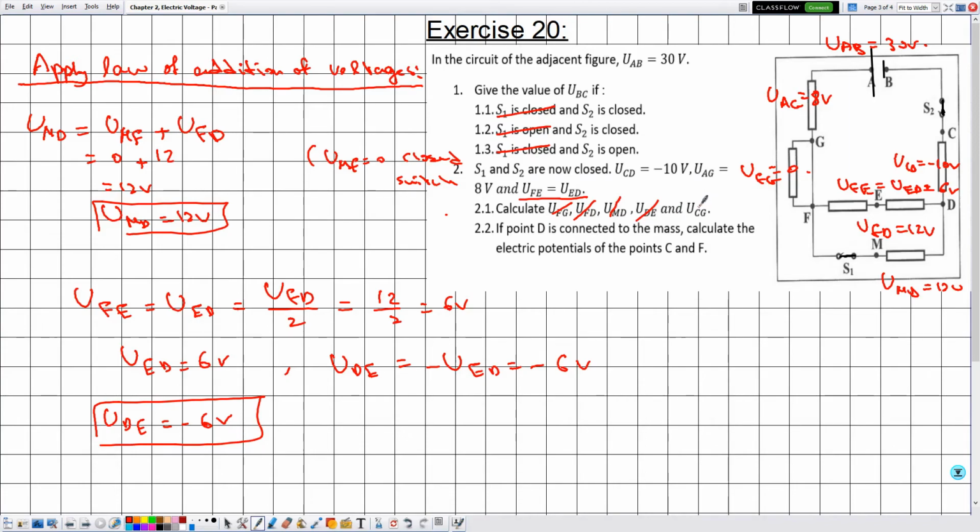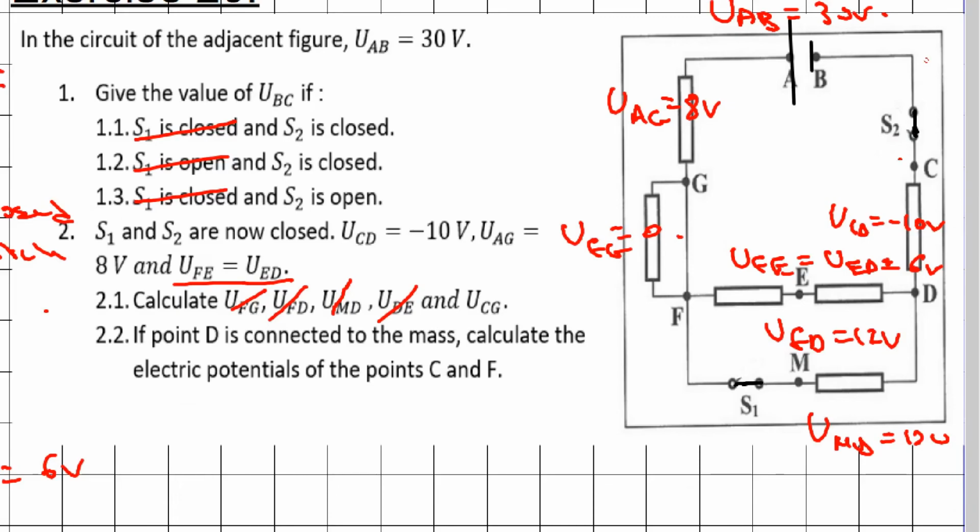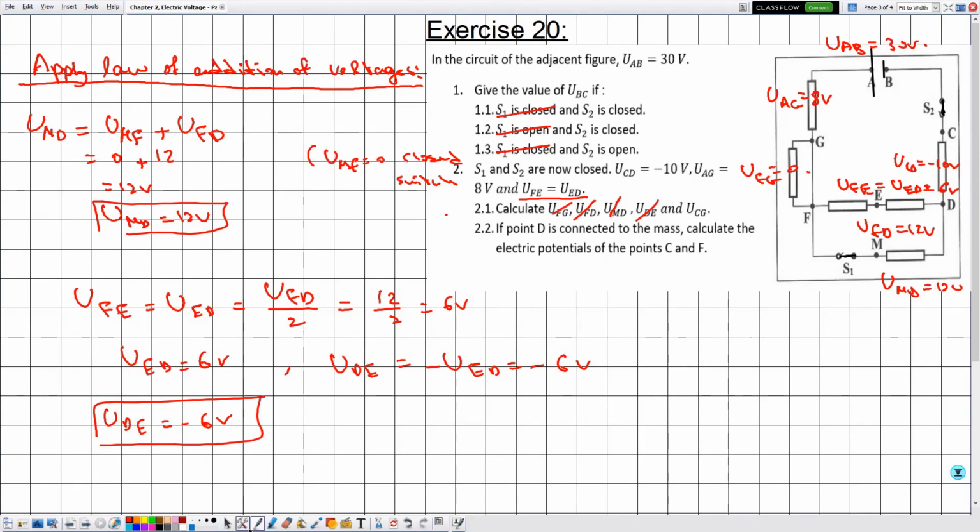Now what about UCG? We can determine the voltage UCG from going from C to G across the points B, A, and G. So apply the law of addition of voltages.